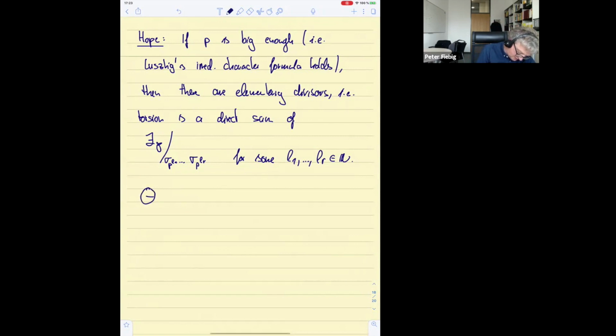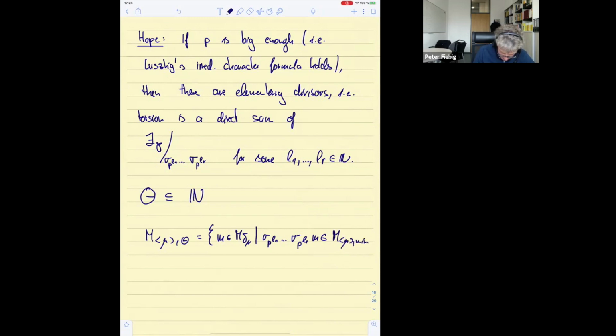If we have a subset theta in the natural numbers, then we can define M mu theta as taking care of all torsion of sigma p to the L, where L is in theta. So what does it mean? These are all m in M delta mu such that sigma p to the L1 up to sigma p to the LR m is in our minimal module for some L1 up to LR in theta.